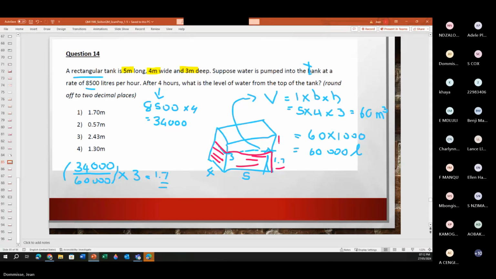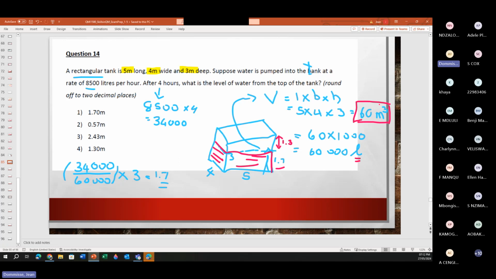Sir, can I cut you just there? I think I lost you where you got 1,000. I know where 60 is coming from, but I don't know where the 1,000 comes from. So you need to convert 60 cubic meters into liters.